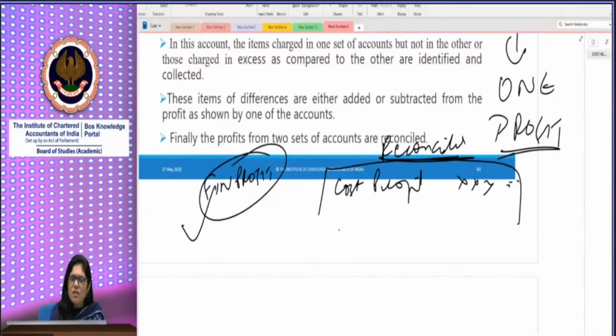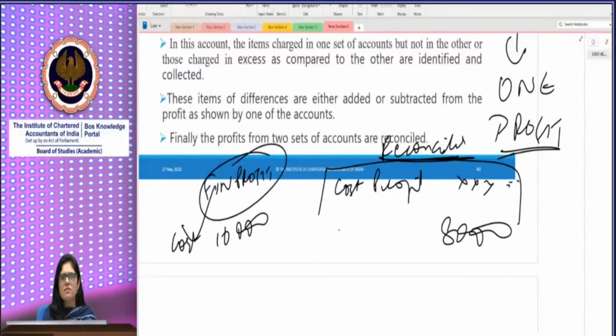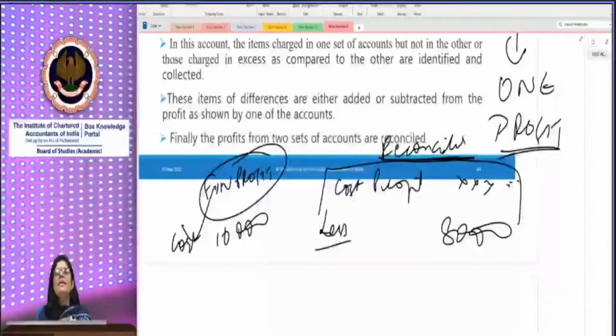If in financial profit, let us say cost is 10,000 and you have taken cost as 8,000, that means you have to increase the cost by 2,000 more. Your cost is 2,000 less. You have to increase the cost. If you increase the cost, profit will decline. So decrease the profit, subtract from the profit. Clear? If we increase the cost, profit will decrease.